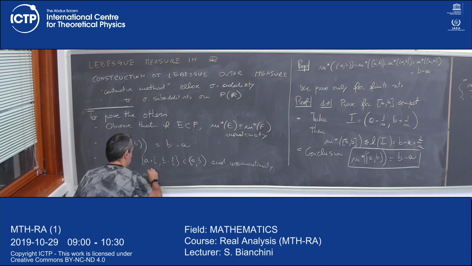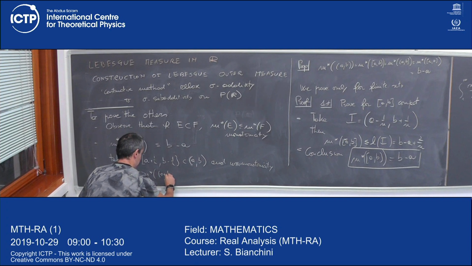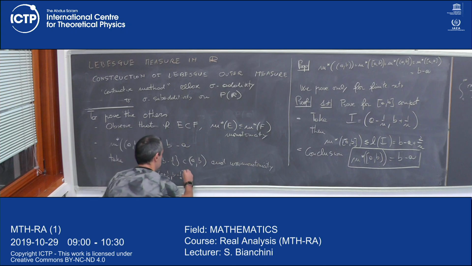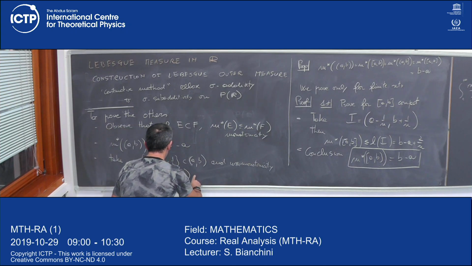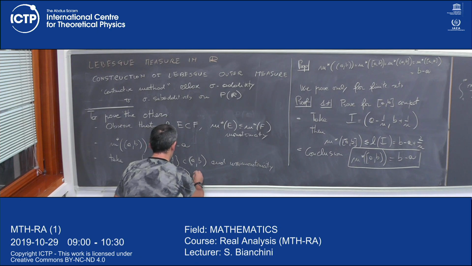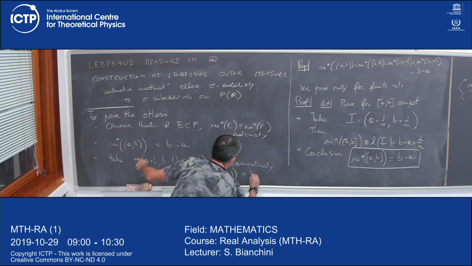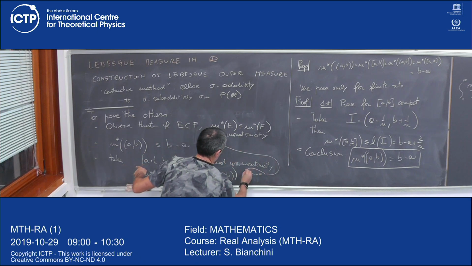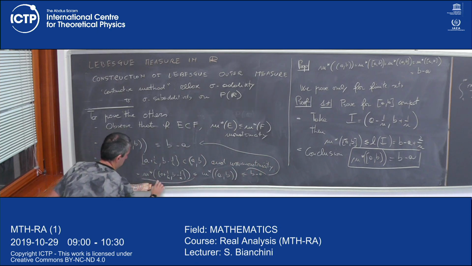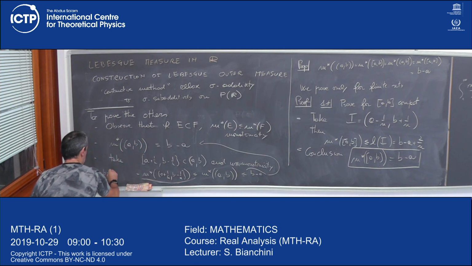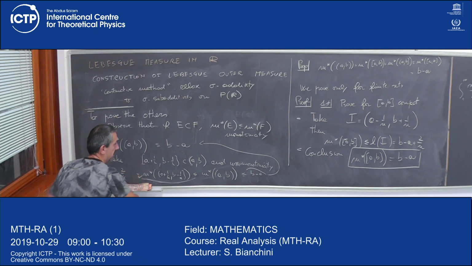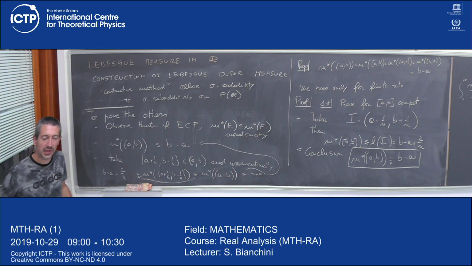The outer measure of [A plus 1 over n, B minus 1 over n] is less or equal than the outer measure of the open set. This is less or equal than B minus A because of that guy. And this is equal to B minus A minus 2 over n because of this guy here. Okay, and also closed and open, whatever you want. Questions? We are just using the definition, nothing else.